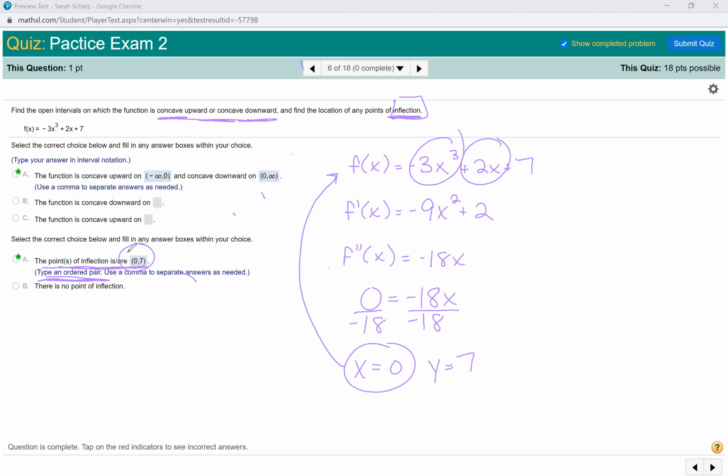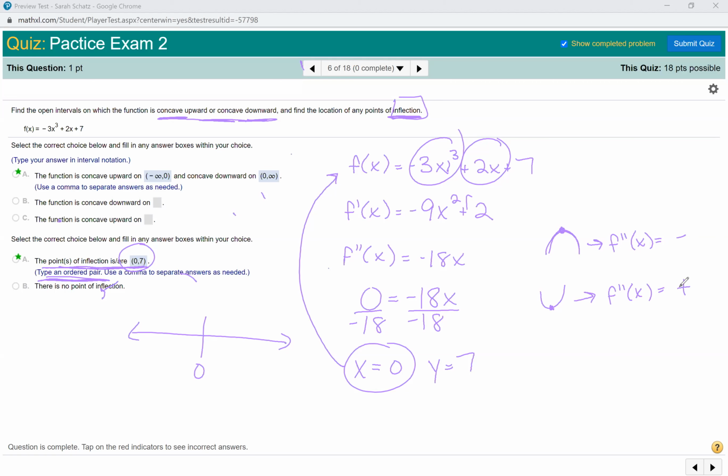How do I know where it's up and down? Well, the inflection point, remember that's where it changes from one to the other. So here's 0. You probably don't even need to really make a number line on it. But remember that for concave down, so looking like this, your second derivative is negative. And for concave up, it's positive. So you know that 0 is where it changes from one to another.